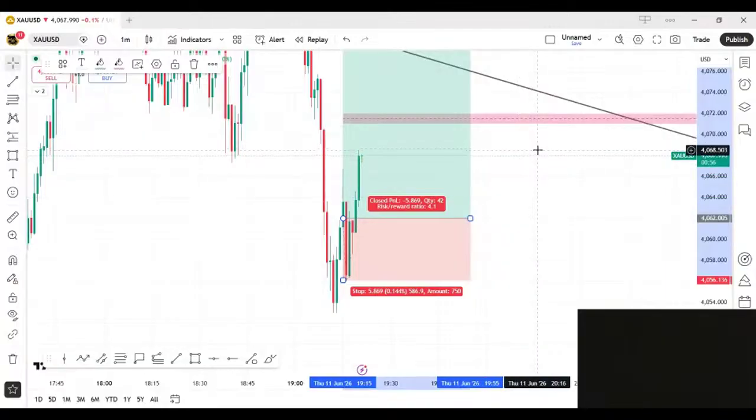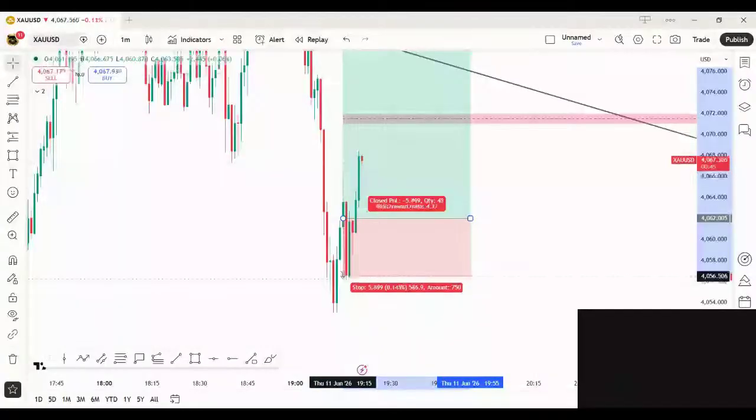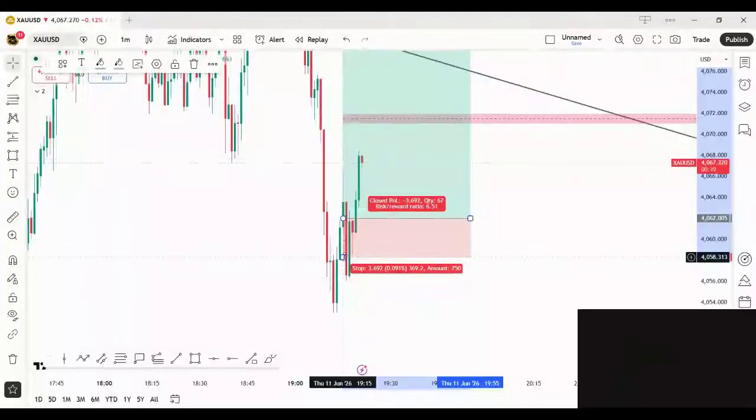We hit the TP of 80 pips. I'm just moving my stop loss to a more minimum area at 4058. Moving SL at 4058.